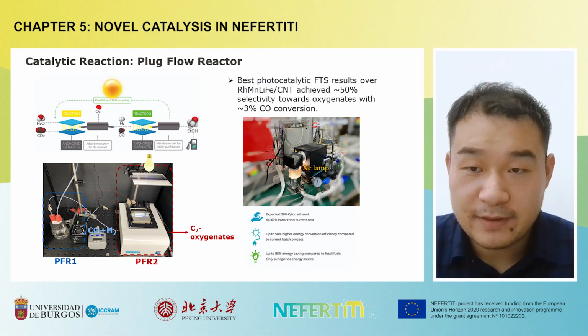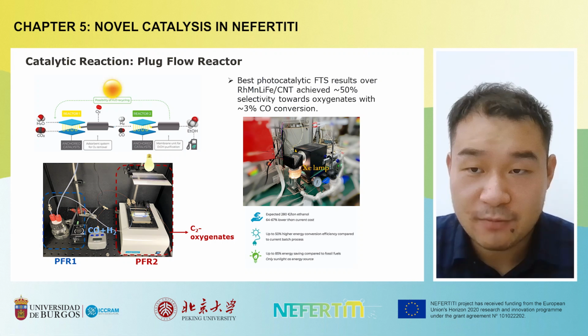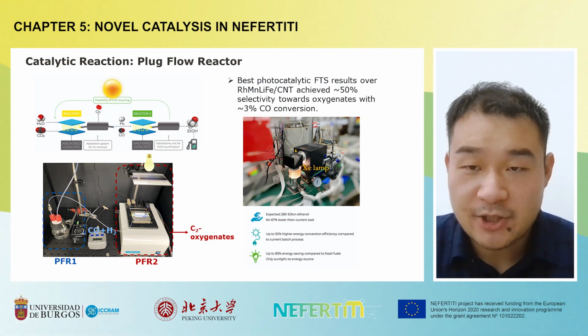The right-hand side picture shows the device that we utilize for catalyst assessments at Peking University. Over multiple attempts, we found that the best photocatalytic Fischer-Tropsch synthesis catalyst can achieve about 50% selectivity towards oxygenates with about 3% carbon monoxide conversion.